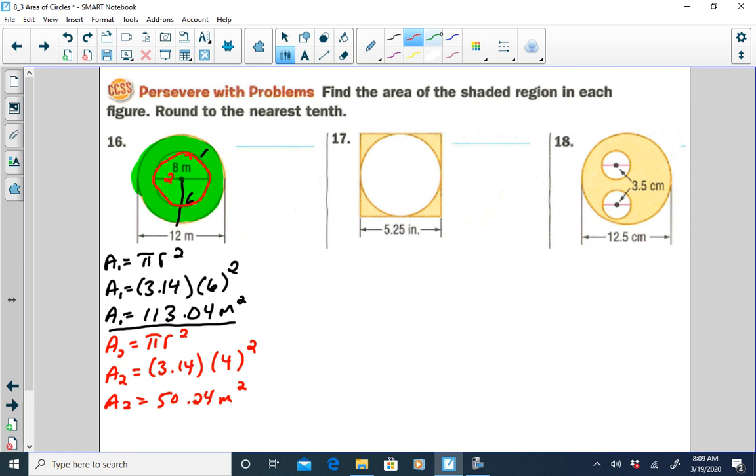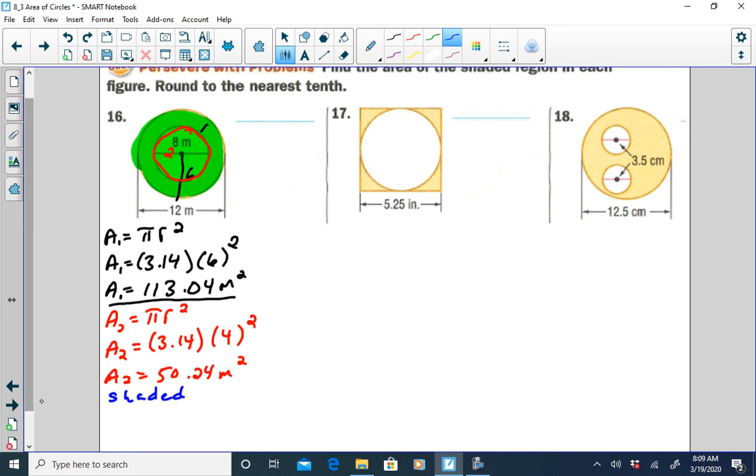Now, next step. Step 3, shaded area. Almost always, when you're asked to find the area of a shaded region, you're going to have to subtract something. That's another kind of hint I should let you guys know. So the shaded area is going to be equal to area 1 minus area 2.